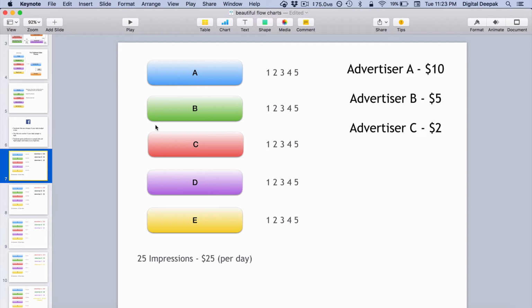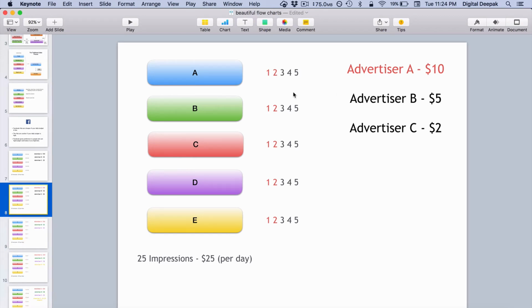So let's look at how the distribution will be. So let's say advertiser A, I have marked advertiser A in red, and what will happen is that Facebook will start placing the ads of advertiser A at the first slot of person A, first slot of person B, first slot of person C, first slot of D and first slot of E. And then they have run out of the number of people, but here the advertiser A has spent $10, which means that they have bought 10 impressions.